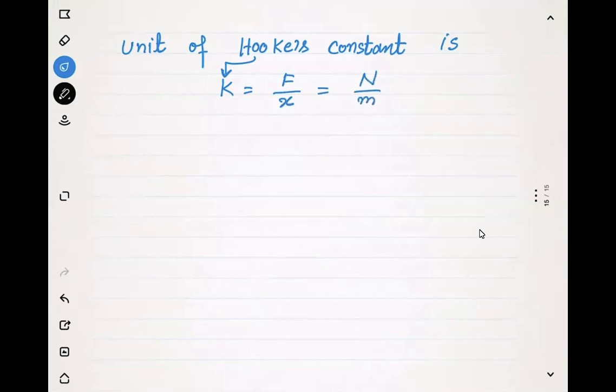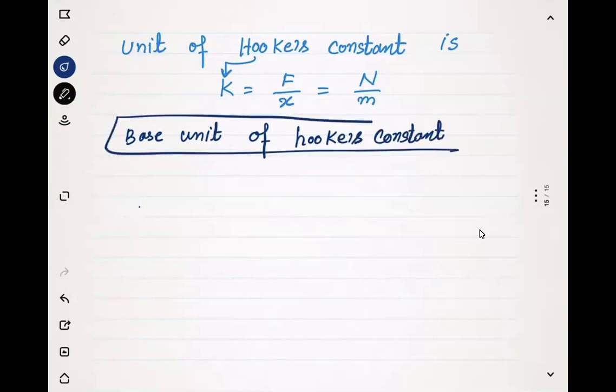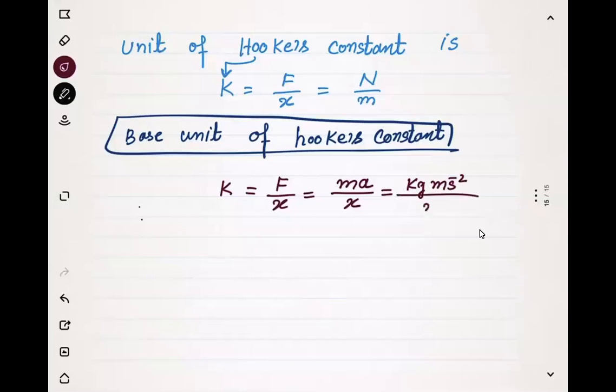Now the base unit of Hooke's constant. K is equal to F over X. F is m a, so it would become kilogram meter second minus 2 over meter.